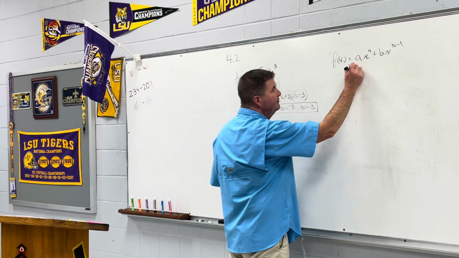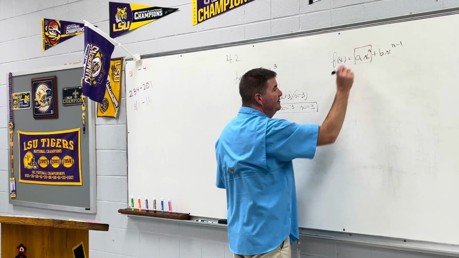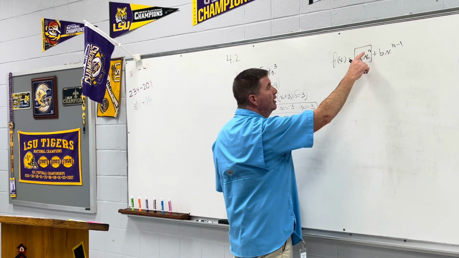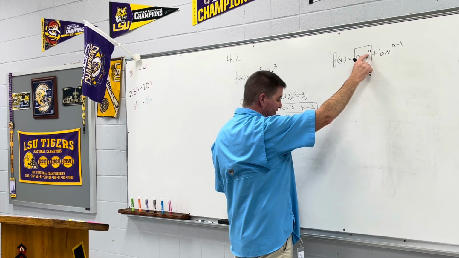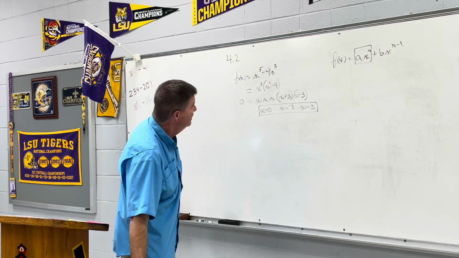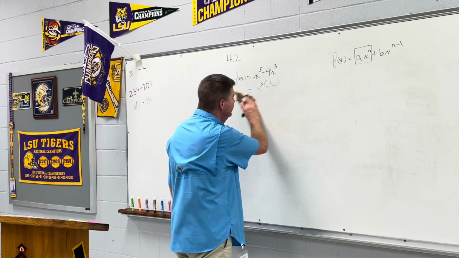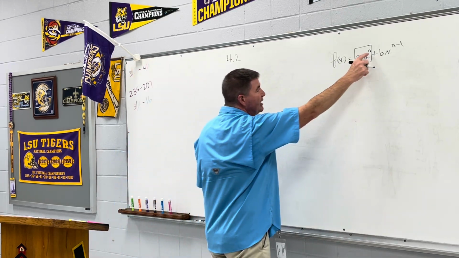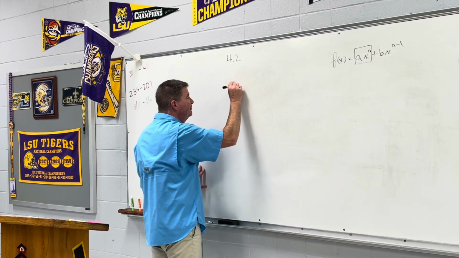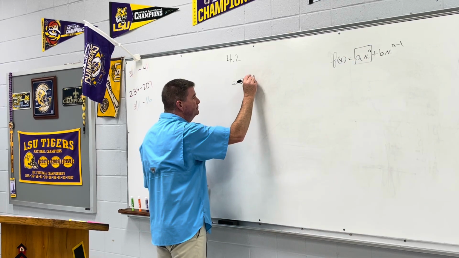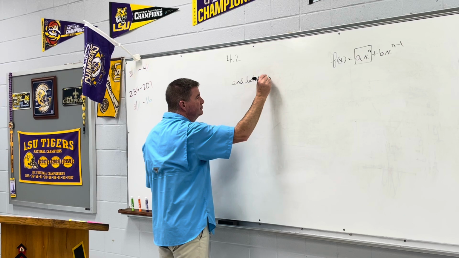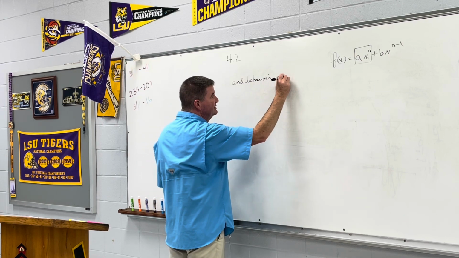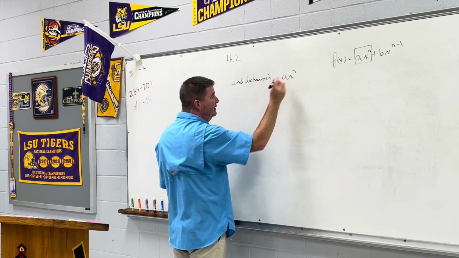Well, the end behavior comes from the portion that has the highest exponent. The first thing that we're going to look at is the exponent n. So it's ax to the n.